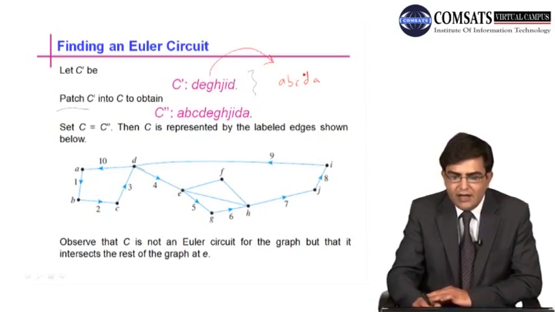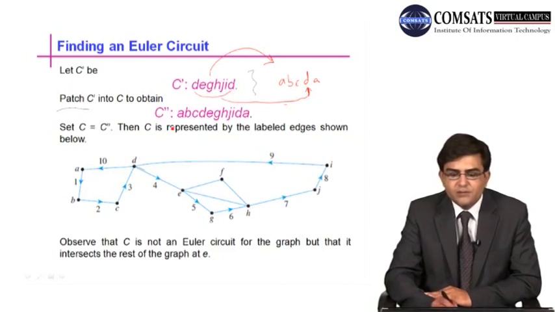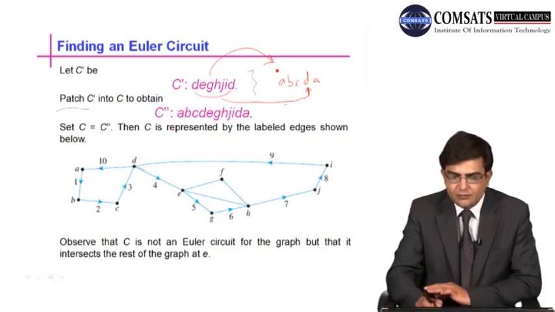Now here we have D, and insert here D to D instead of here in D. So this is how we patch up C dash into C. We write here again A, B, C, D. Now here with D we have E, G, H, J, I, D.